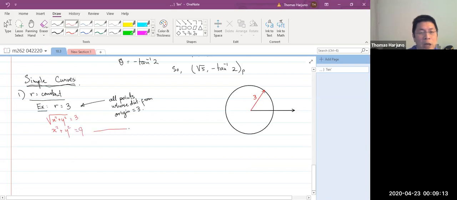Now notice that that equation has the same interpretation.